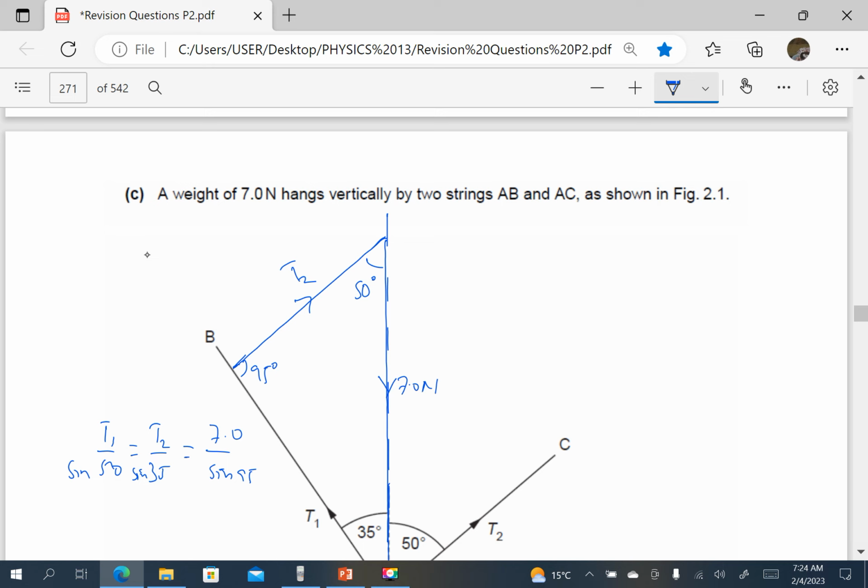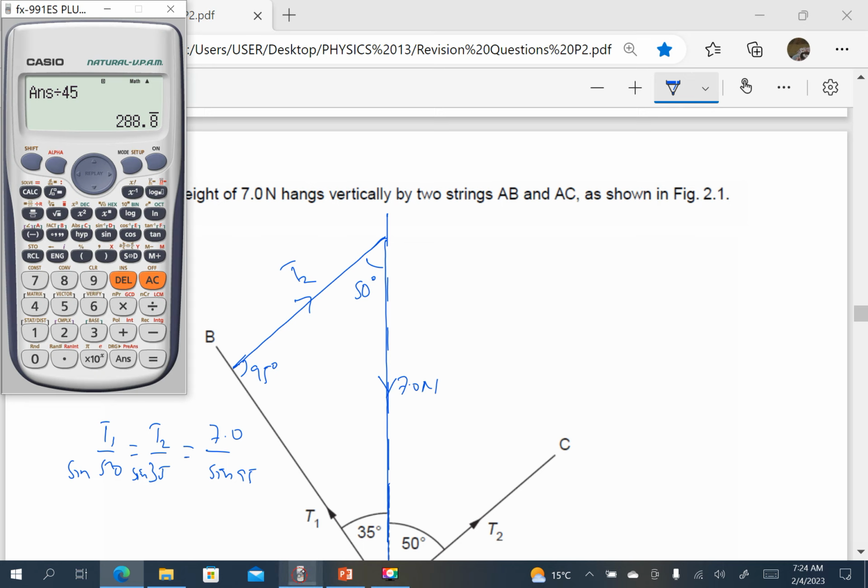So it means T1 is going to be 7 over sine 95 times sine 50. 7 divided by sine 95 times sine 50, which is 5.4. So T1 is 5.4. You can check also T2. T2 will be 7.0 divided by sine 95 times sine 35, which is 4.0, which is true.